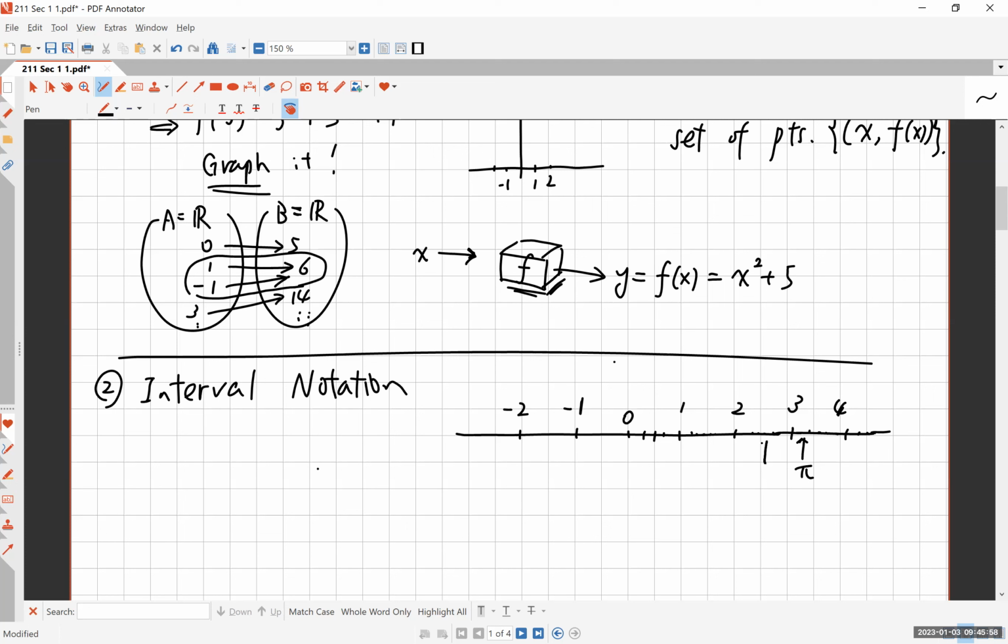And then there's a number that you may have learned already, called e, and the square root of 2 is somewhere around here. These are called irrational numbers.